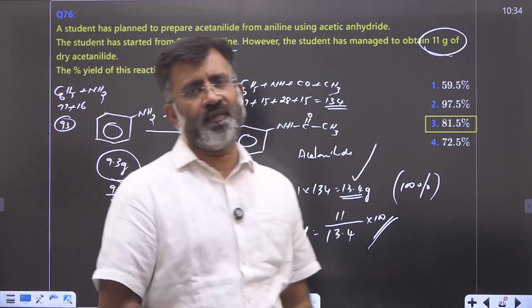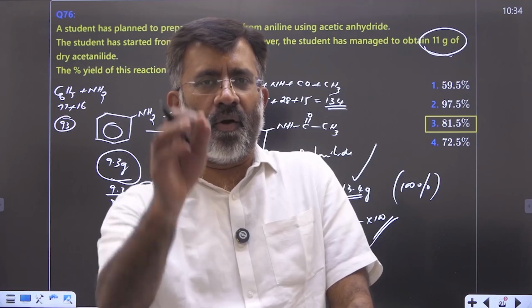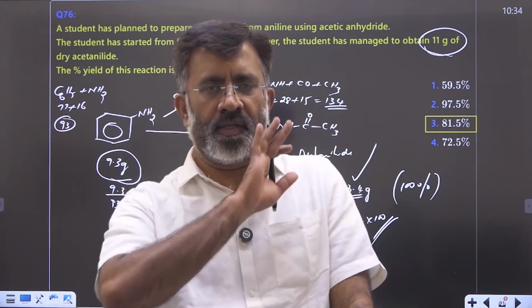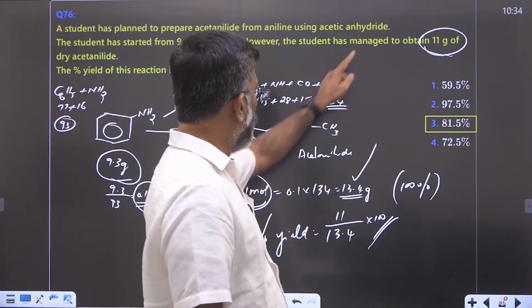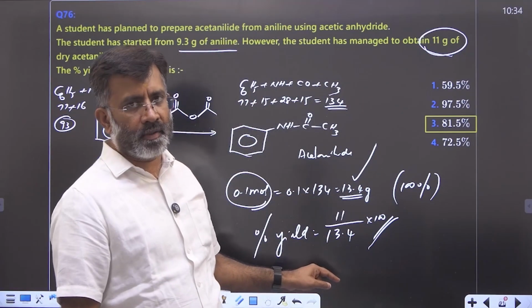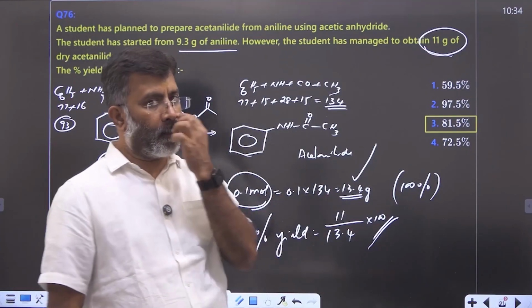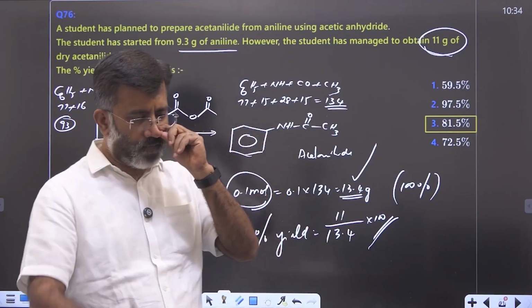Theoretically, we get that. But the practical figure observed in the reaction is only 11 gram. That means it is not 100% yield. How do you find the yield? Yield will be obtained mass divided by obtainable maximum mass according to the theoretical calculation into 100. That will be the answer. You get option 3. You can verify.